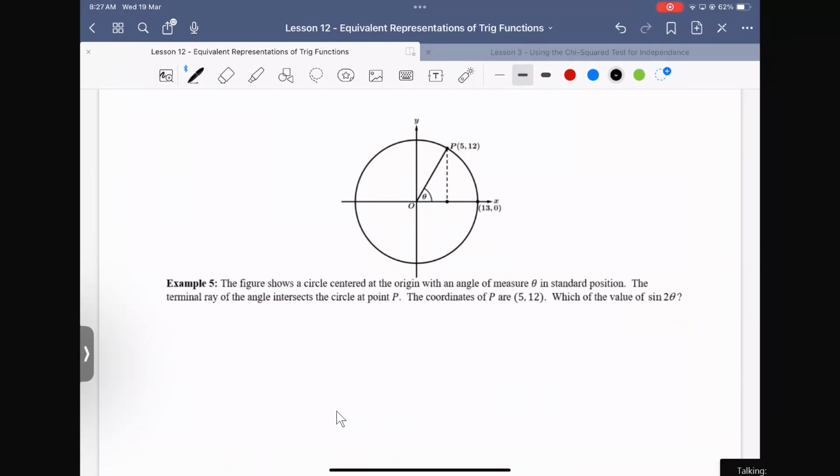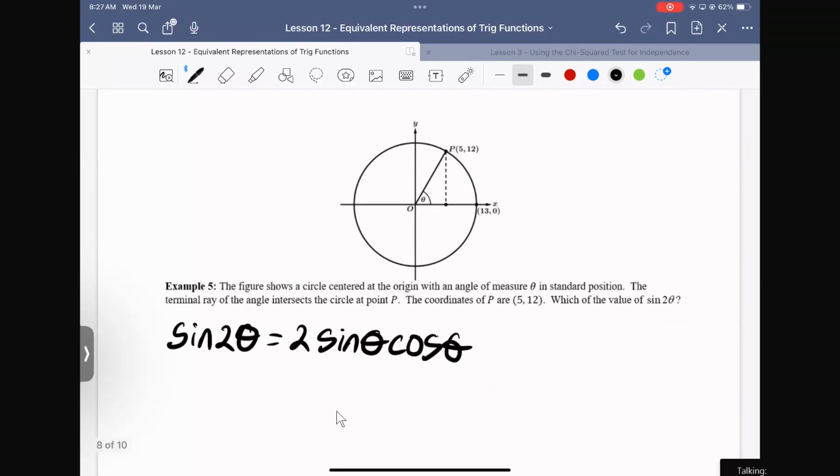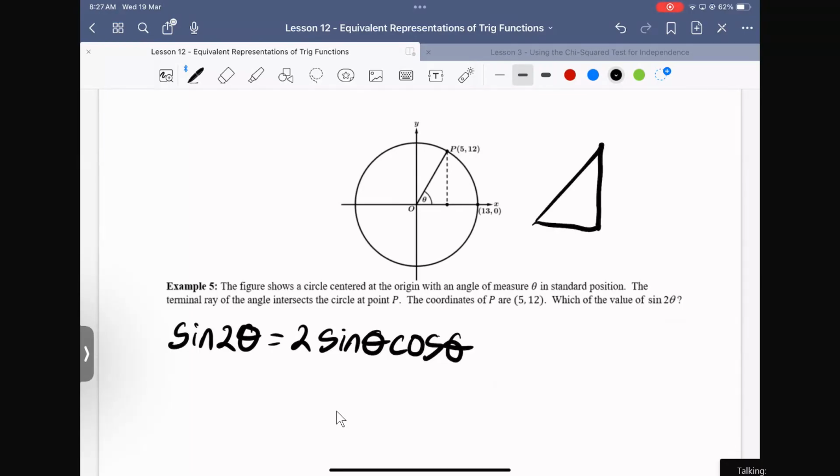Okay, so we need to find a value for sine 2 theta. The formula is sine 2 theta equals 2 sine theta cosine theta. Here in our diagram, we have a right-angled triangle where the hypotenuse is 13, this length is 12, this length is 5, the right angle is there, and theta is here.